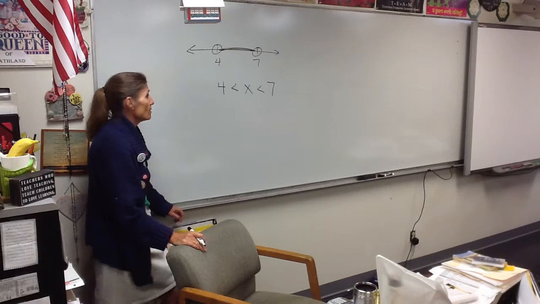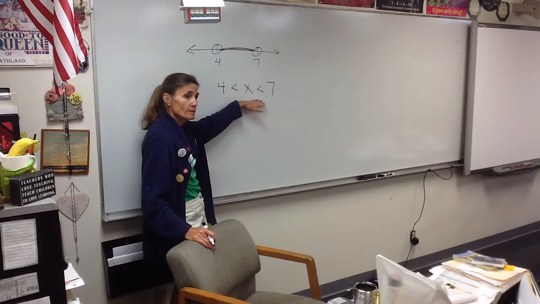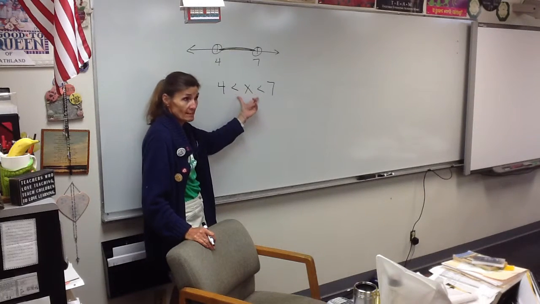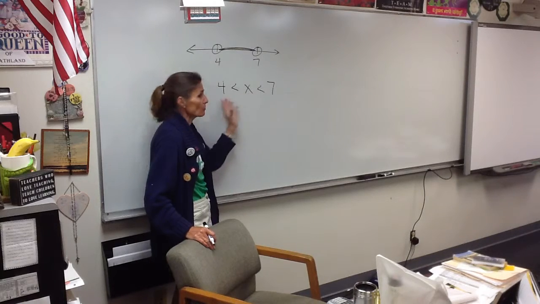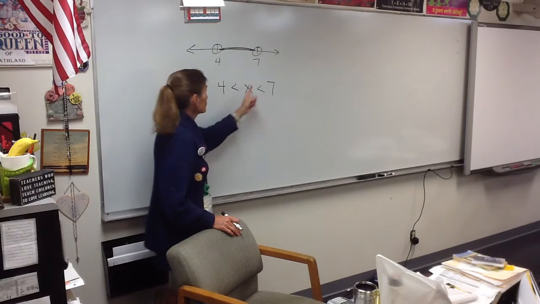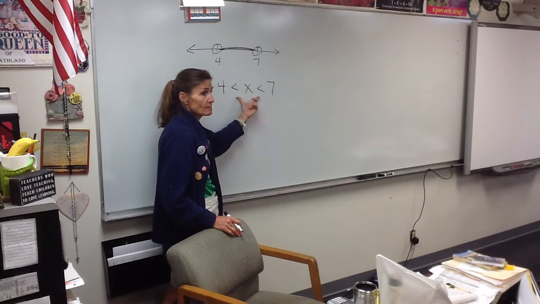Please note that when you write a compound inequality, and that's what this is called, a compound inequality, the symbols are always less thans, or less than or equal to. You never put greater thans in an expression like this. You always put the first number first, the second number second, X right in between them, and those are less thans.